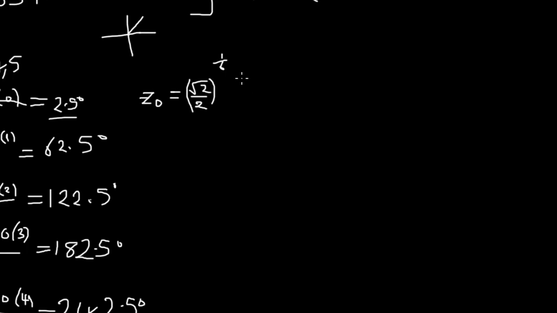And then the complex number in polar form is going to be cos 2.5 degrees, the argument, then plus I sine 2.5 degrees.